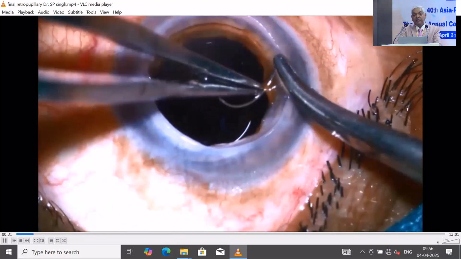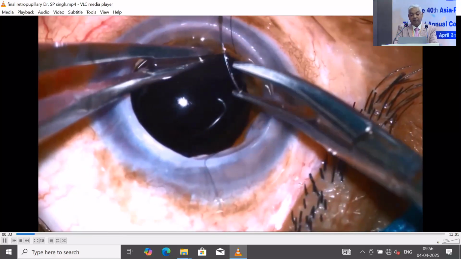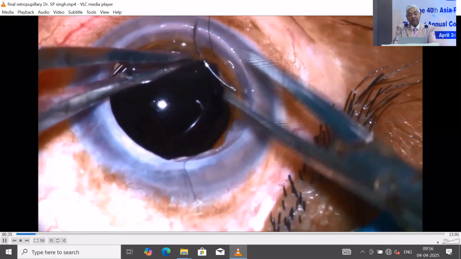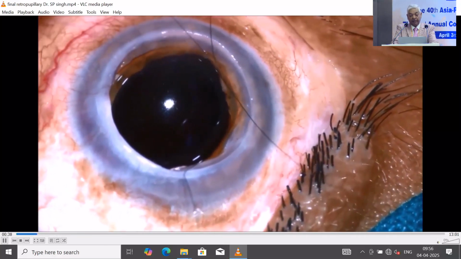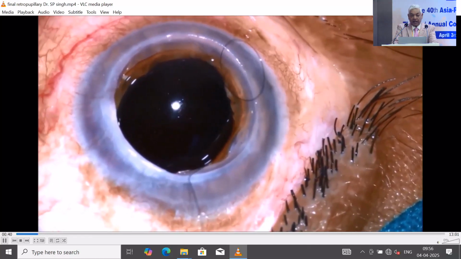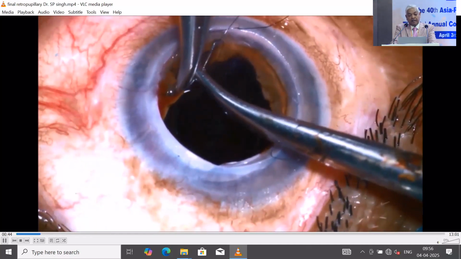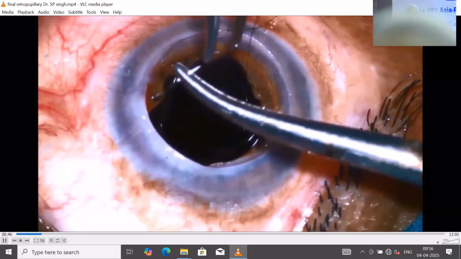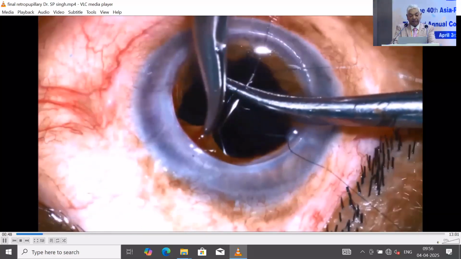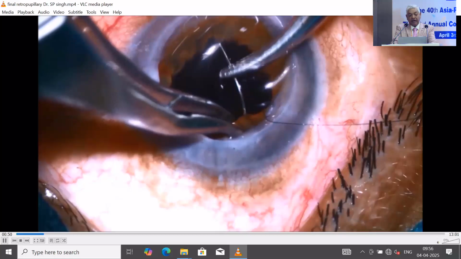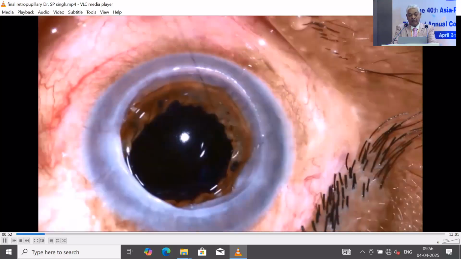do pupilloplasty by the cerclage technique, the persisting technique, in which you take a 10-0 monofilament nylon suture, and all around the pupil it is passed 0.5 mm away from the margins, taking bites at different sites 1 to 2 mm away.